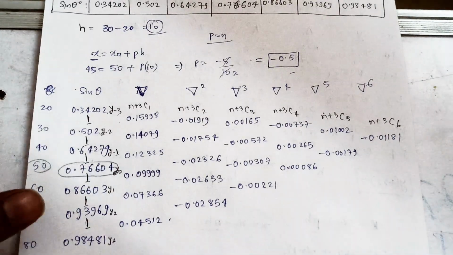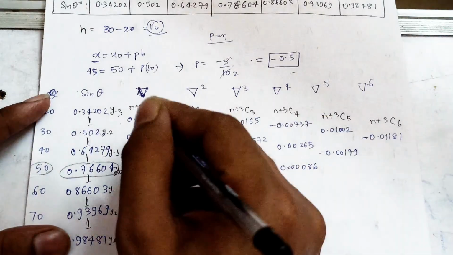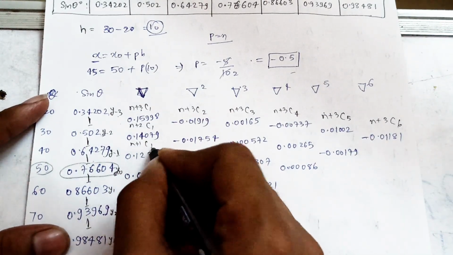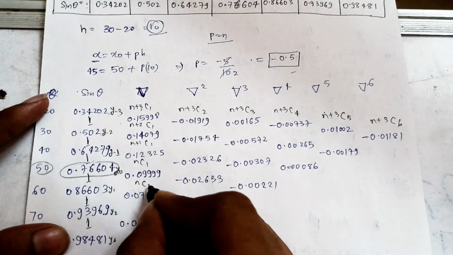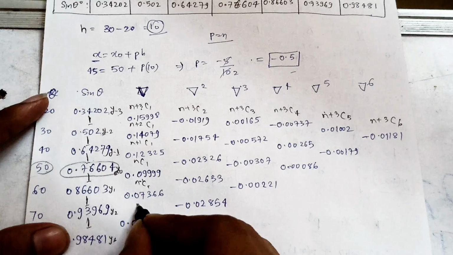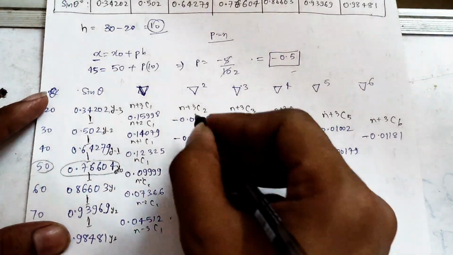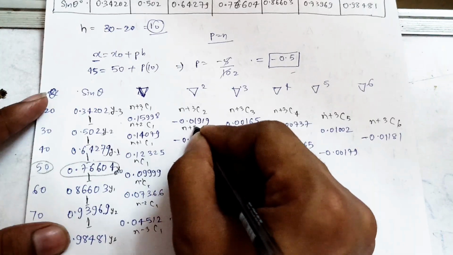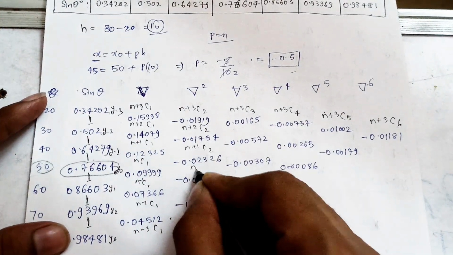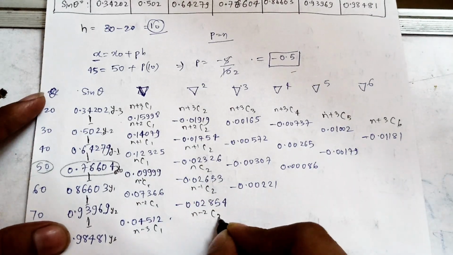And then we have to go down, decreasing the magnitude by one from each one. So here we will get n plus 2 c1, n plus 1 c1, n c1, n minus 1 c1, n minus 2 c1, and n minus 3 c1. Same here we will get n plus 2 c2, n plus 1 c2, then n c2, n minus 1 c2, n minus 2 c2.